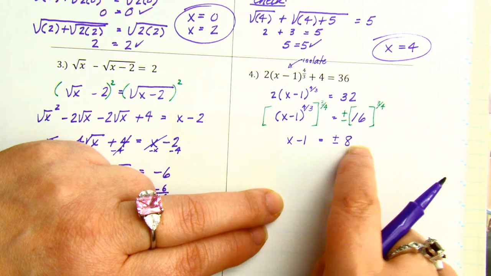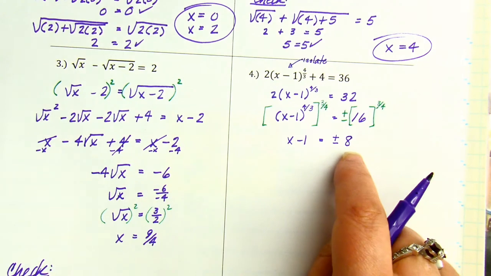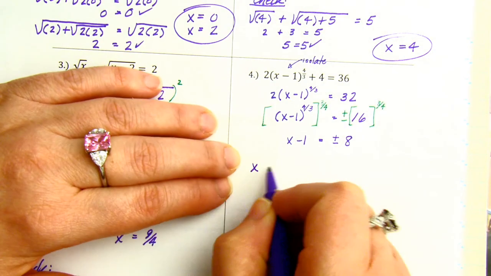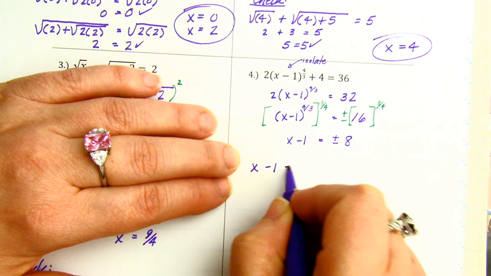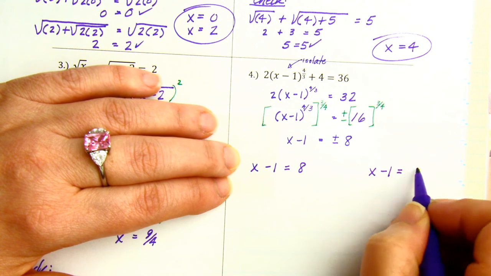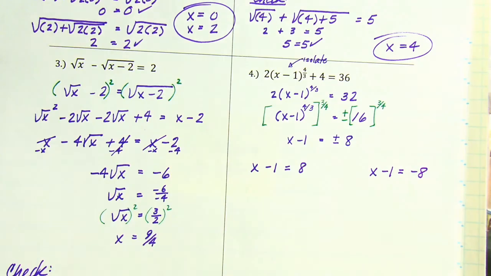You can't do that here. It's kind of like when we're working with the quadratic formula. You have to set up your two cases right here. X minus 1 is positive 8, and x minus 1 is negative 8. This is not ZPP. This is just setting x minus 1 to first the positive case and then the negative case. So be cognizant of that.